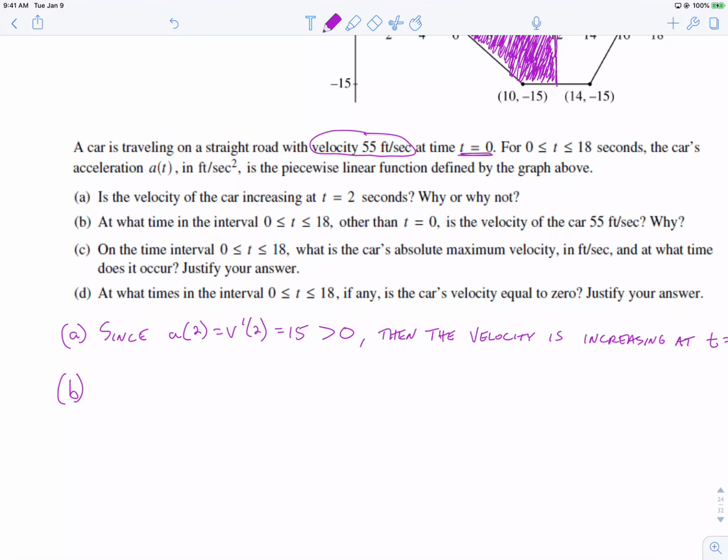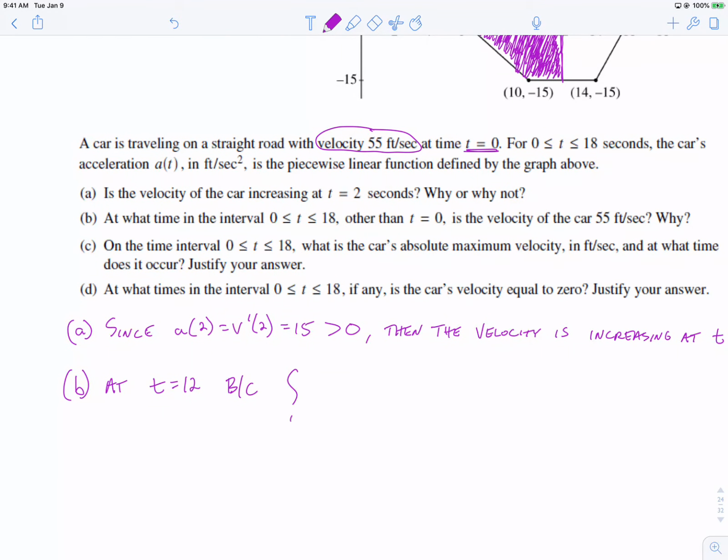So we can say at time t equals 12, and we could say that's because the integral from 0 to 12 of acceleration is equal to velocity at 12 minus velocity at 0, which is equal to 0.